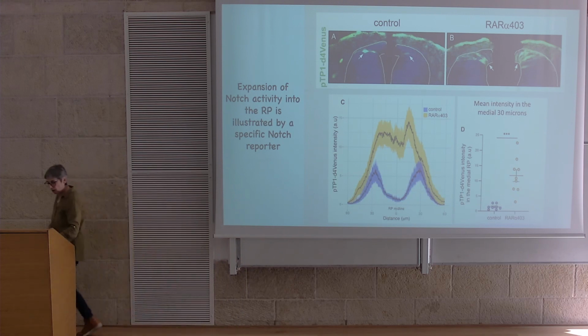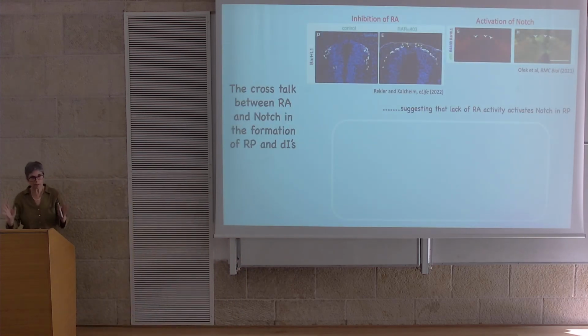So how do we make sense of it? Bear with me, this is the last, before last slide. So we know this figure already. We know that inhibiting retinoic acid will cause the expansion of DI1 interneurons into the roof plate.